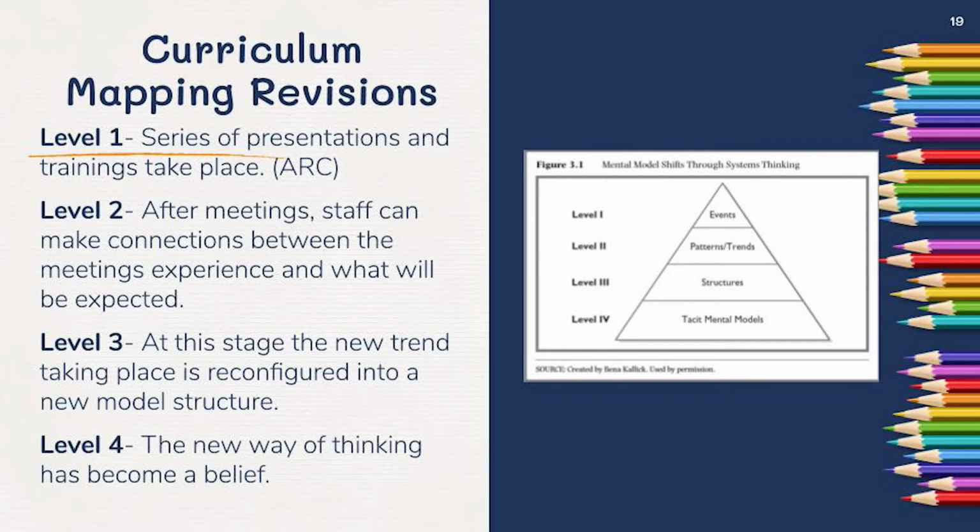At level 3, at this stage, the new trend taking place is reconfigured into a new model structure, and at level 4, the new way of thinking has become a belief. With curriculum mapping, we don't just want it to be connecting standards with the content that we're teaching students, but we want there to be a real connection between what we are giving our students.